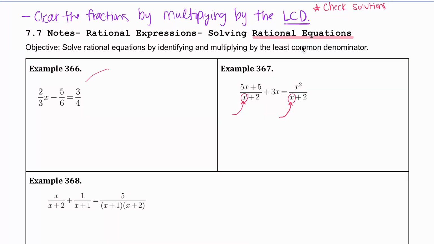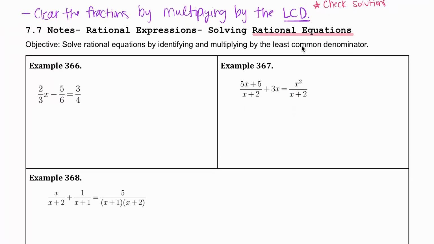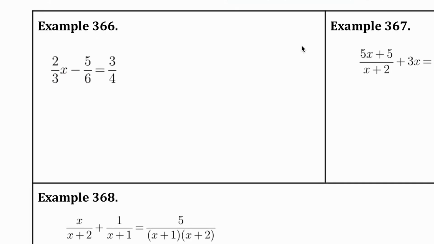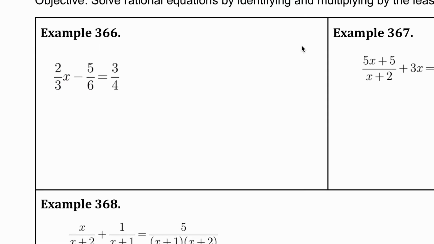For example, 366, we don't have to worry about that because our denominator does not have an x or a variable in it. On all the rest of them, we are going to have to check our solutions at the end because our denominator cannot equal 0.